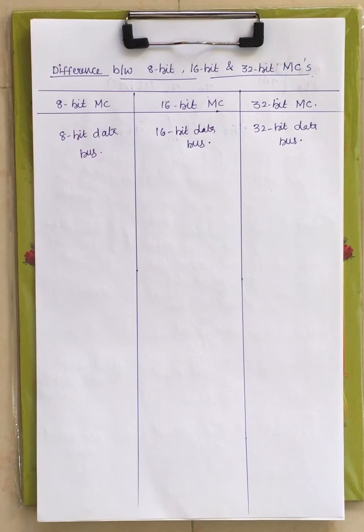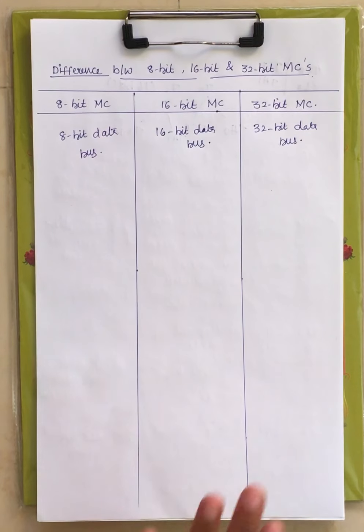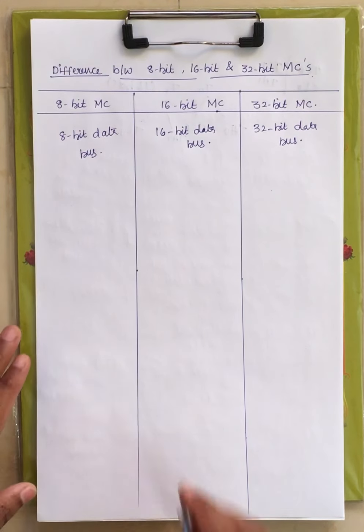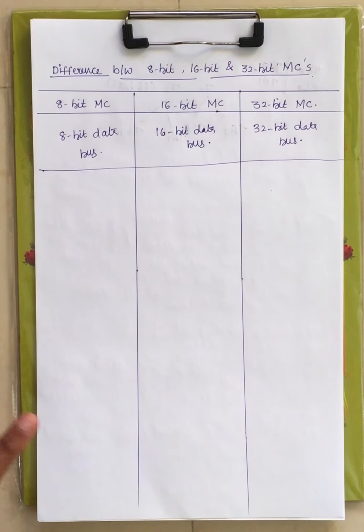The data bus will carry that data. This is the first difference between 8-bit, 16-bit and 32-bit microcontroller.